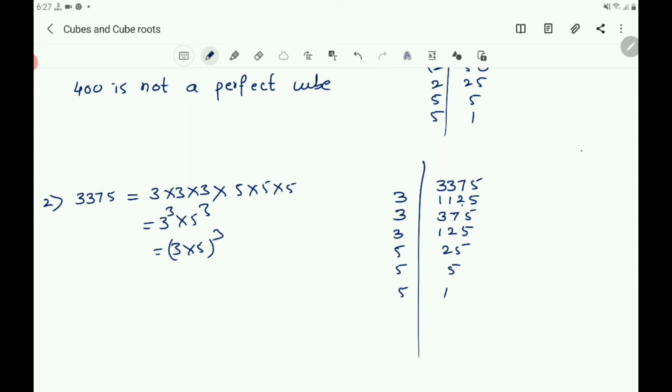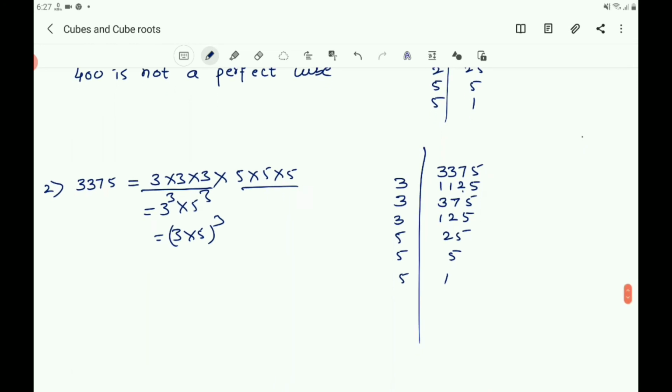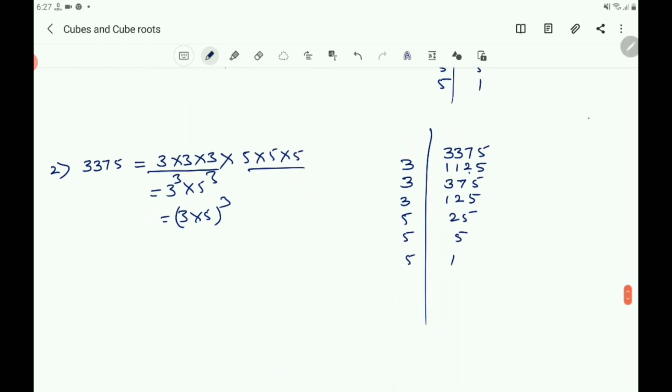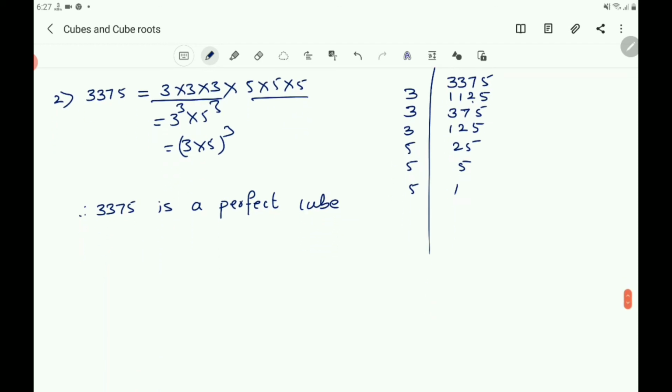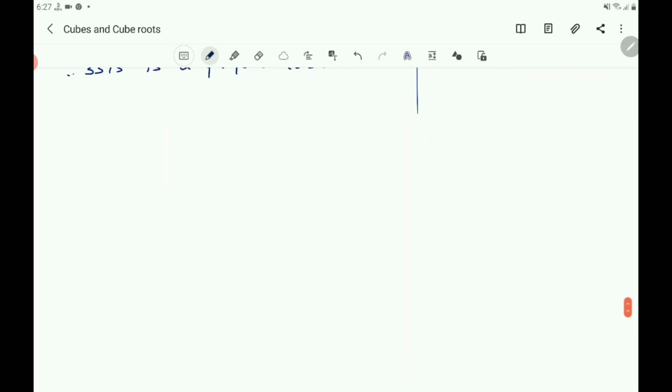Therefore you can conclude that 3 occurs 3 times and 5 occurs 3 times. They are the prime factors. So you can conclude that 3375 is a perfect cube.